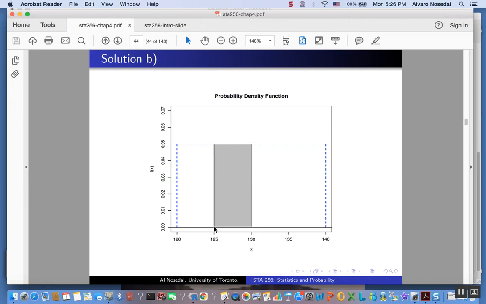Base 5, height 1/20, and that's what we ended up with. 5 times 1/20, so 25%. That's the probability of the flight time X being between 125 minutes and 130 minutes.